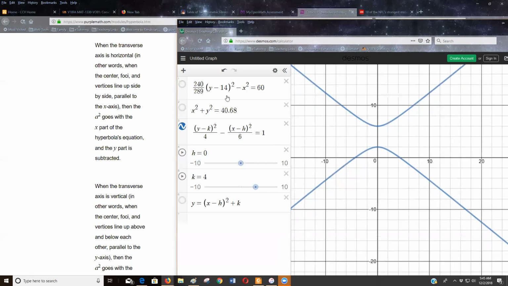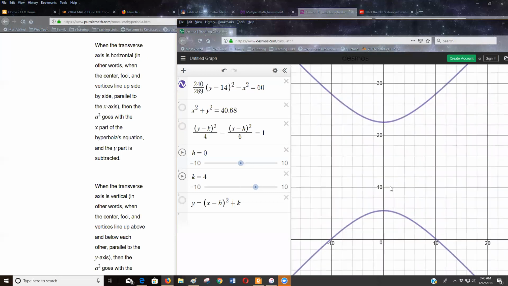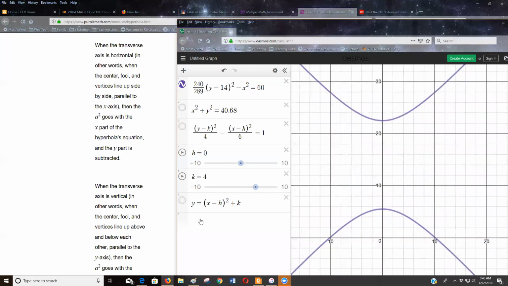Now let's look at the relationship they gave us, and I see the k is 14. So that tells me the center of that hyperbola is going to be 0, 14. If I graph y equals 14, we can see the center line. So to get the center of these hyperbolas, especially with this question, you just look at the number they have there, and that's the center.